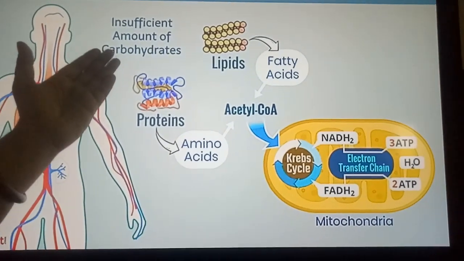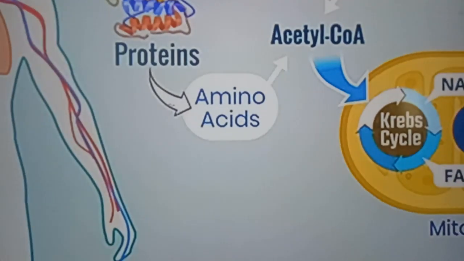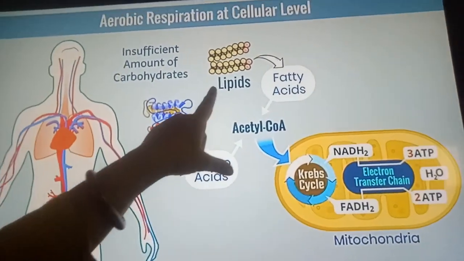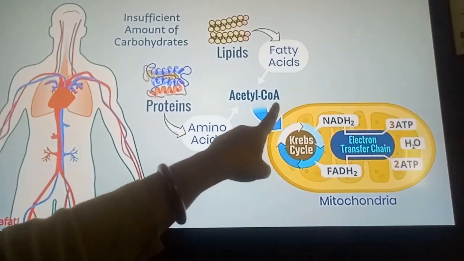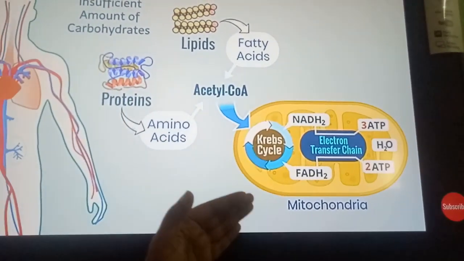So when carbohydrates, the glucose, are not there, the oxygen will oxidize food such as the fatty acids and the amino acids to acetyl-CoA, in the cytoplasm. Further, this reaction will be the same as we have seen.